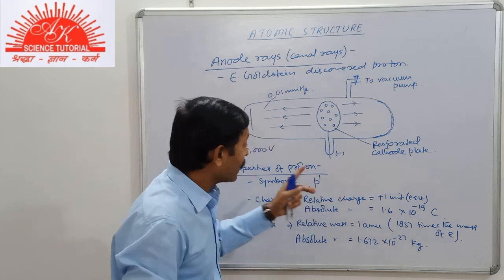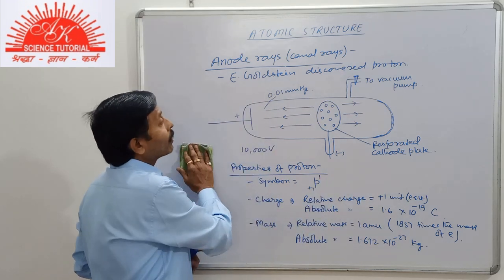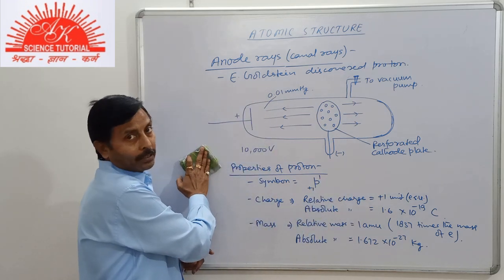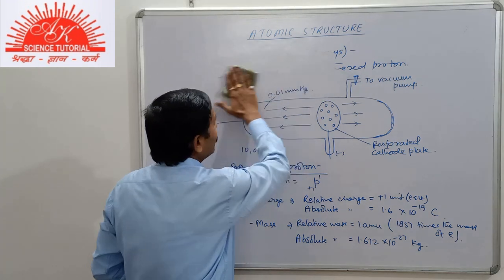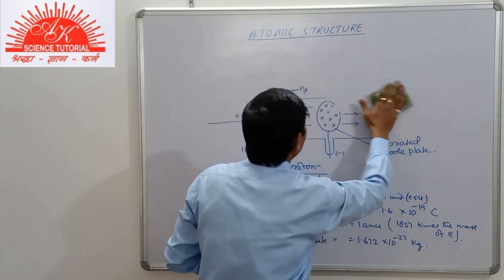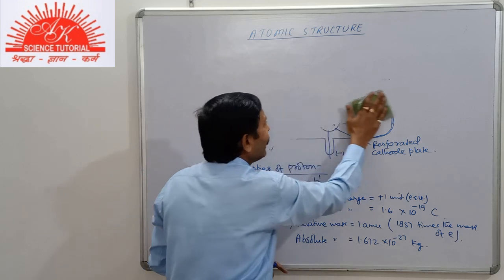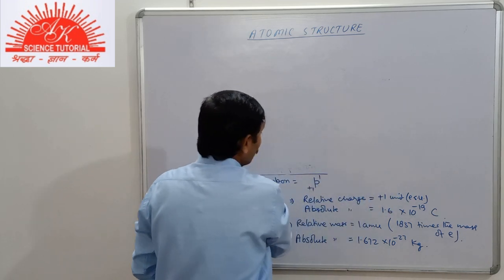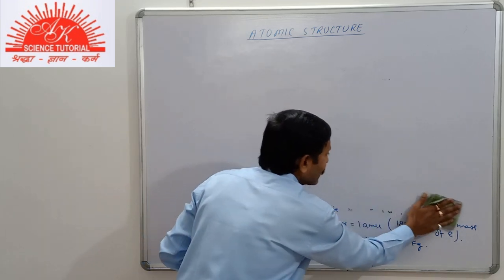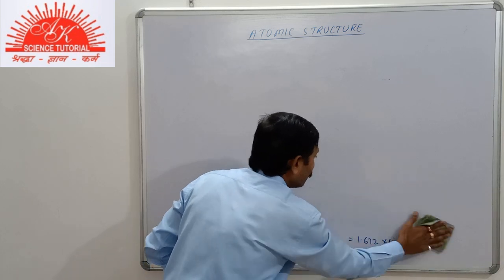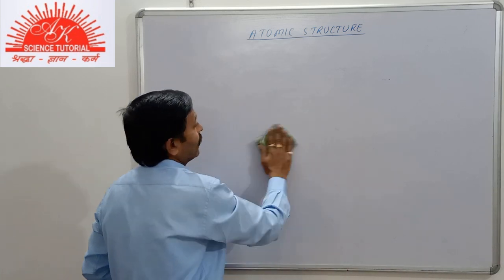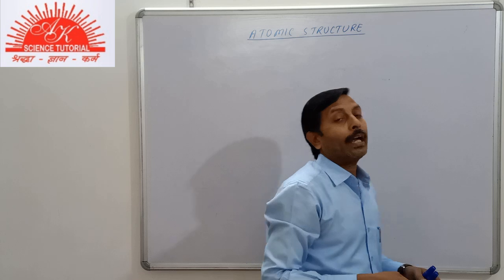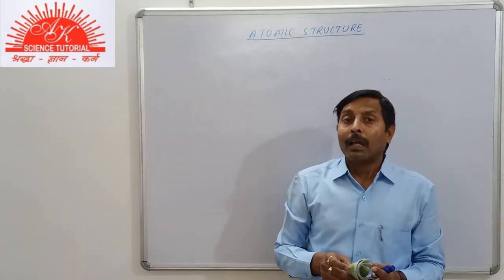So, we have studied now about the discovery of anode rays. After this discovery, we come to know that an atom is electrically neutral. It has the similar number of positive and negative charges, that is the electrons and protons.